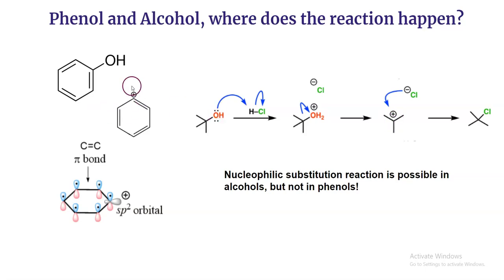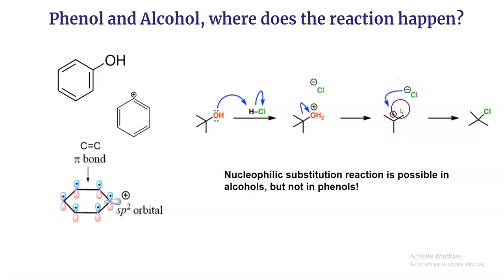Unlike the phenyl carbocation, the alkyl carbocation is more stable because the CH bonds surrounding the cation contribute to stability via hyperconjugation, and the alkyl groups contribute via the positive inductive effect. So the carbocation is likely to form.